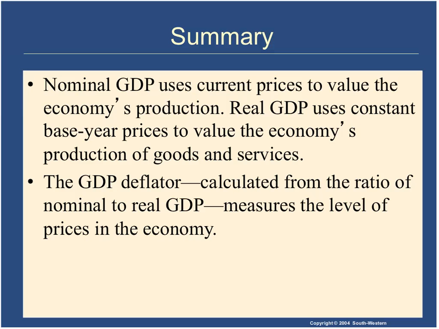It is calculated from the ratio of nominal to real GDP and measures the level of prices in the economy. So the level of prices in the economy is measured by the GDP deflator, and we showed you how the formula works.